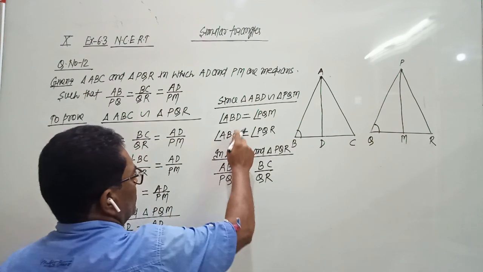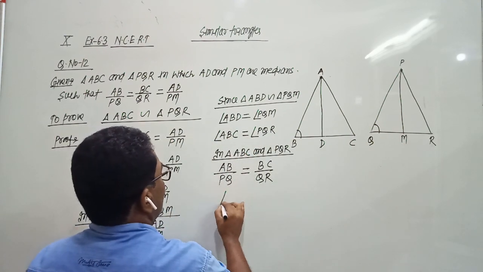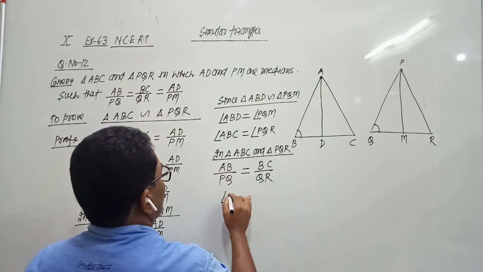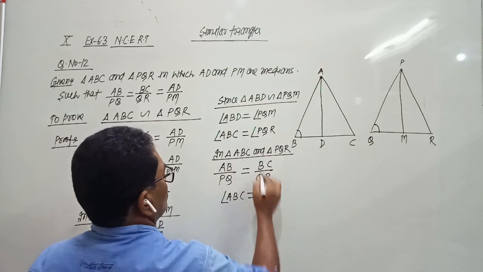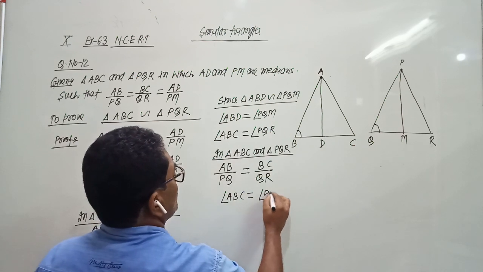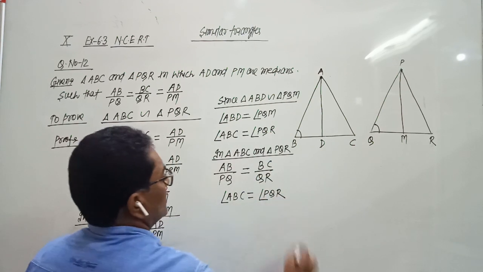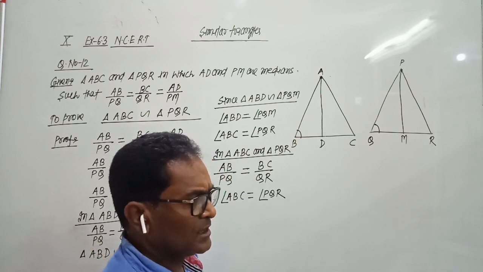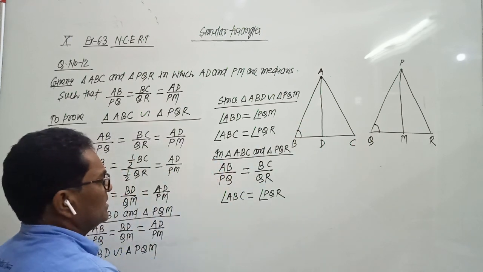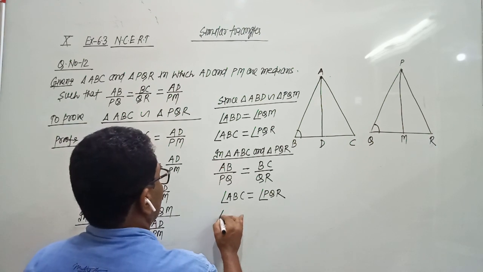And we have just proved that angle ABC is equal to angle PQR. Therefore, by the side angle side similarity criterion, these two triangles are similar.